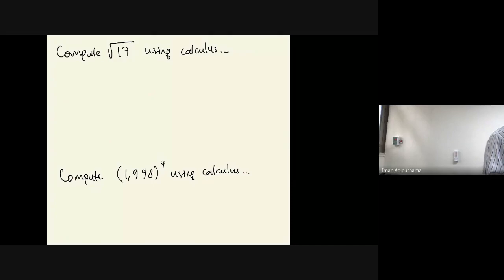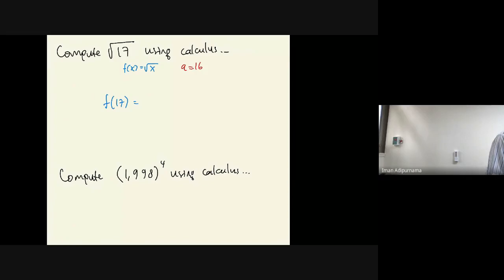I think for number one, we can just use the original square root of x. I will write directly. f(17), choosing a as 16.